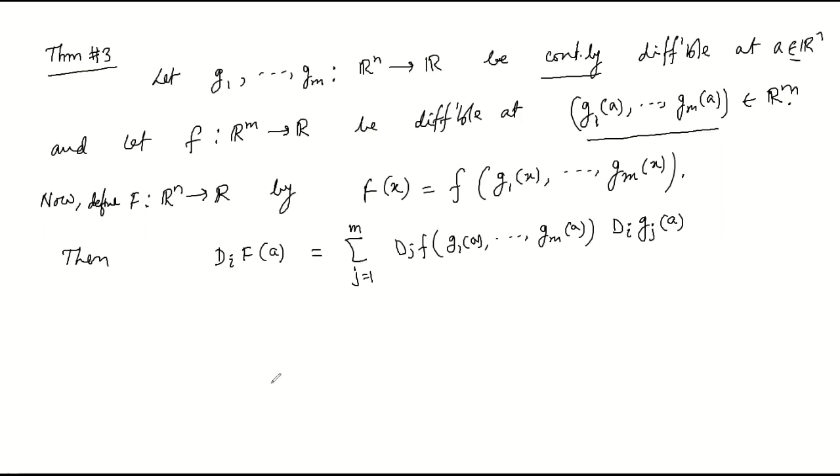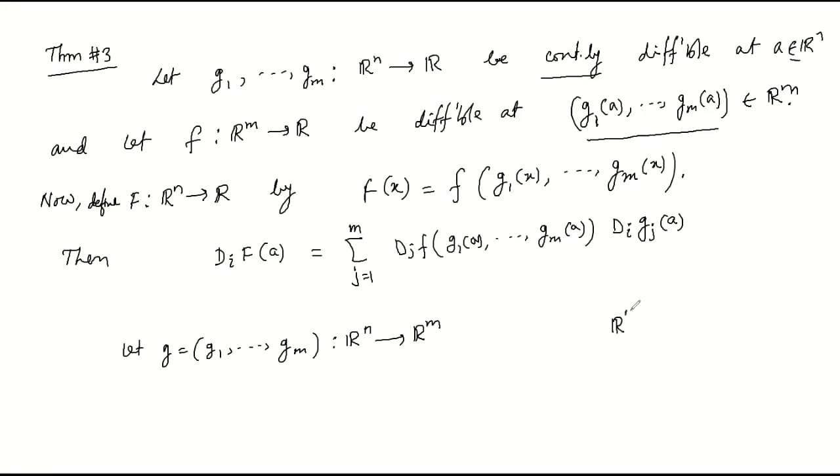Now, let me explain the function. Let g equal to g1 and so on, gm. Suppose this is a function from R^n to R^m. Let me draw a picture here.